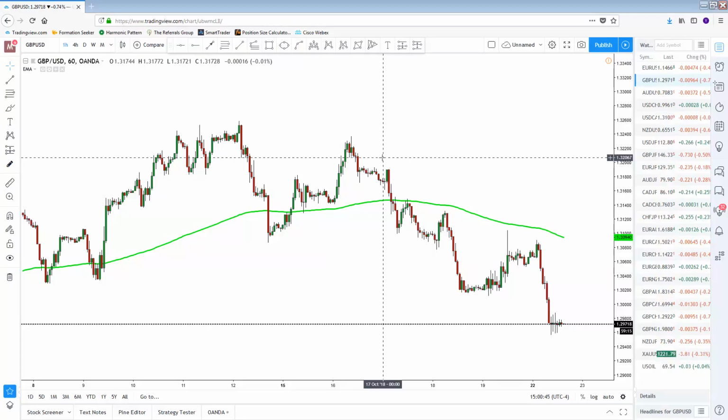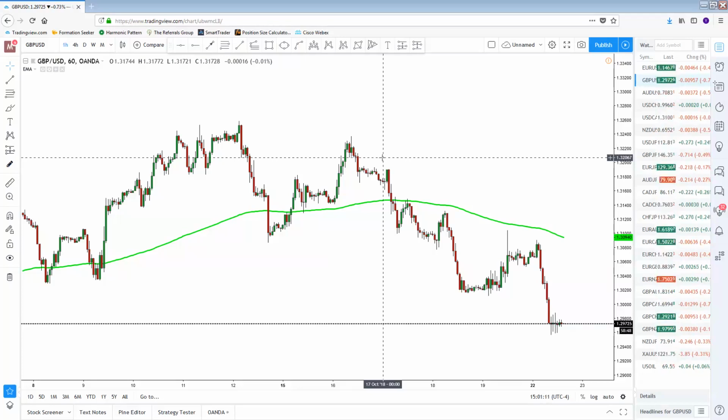Before deciding to invest in foreign exchange, you should carefully consider your investment objectives, level of experience, and risk appetite. The possibility exists that you could sustain a loss of some or all of your initial investment. Therefore, you should not invest money that you cannot afford to lose. You should also be aware of all the risks associated with foreign exchange trading and seek advice from an independent financial advisor if you have any doubts.